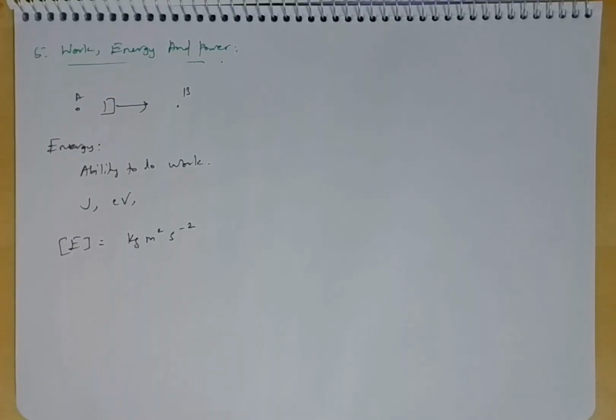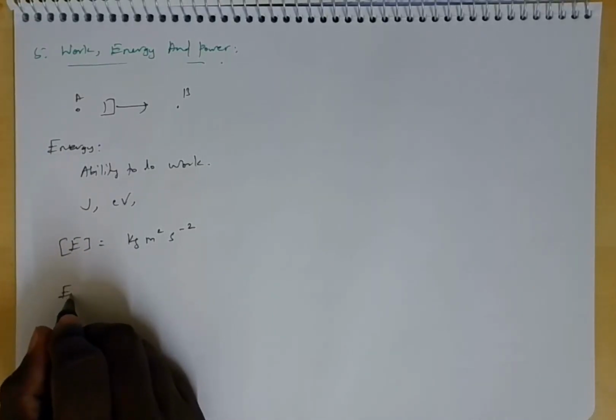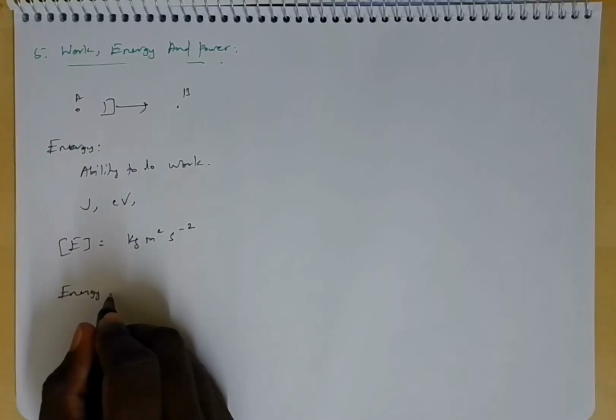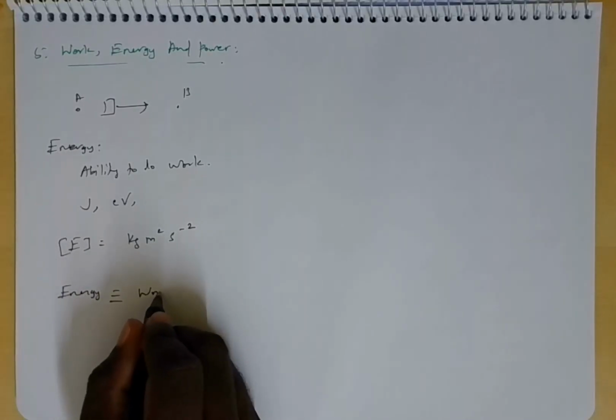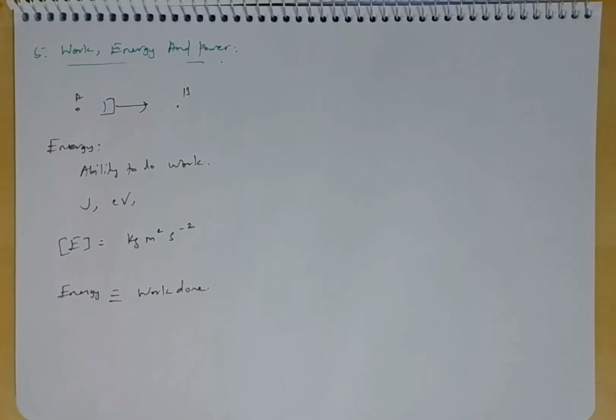Okay. And the first thing we should understand is that energy and work done are the same. They are very different at a very higher level of physics, but for our case, it's the same. We can consider them as the same. For example, there is a person called Jane, and she is a human.